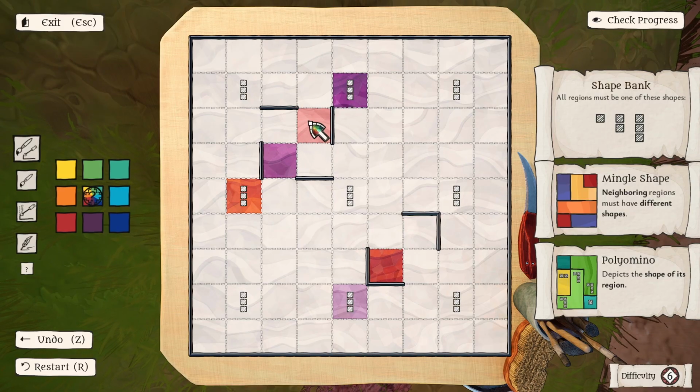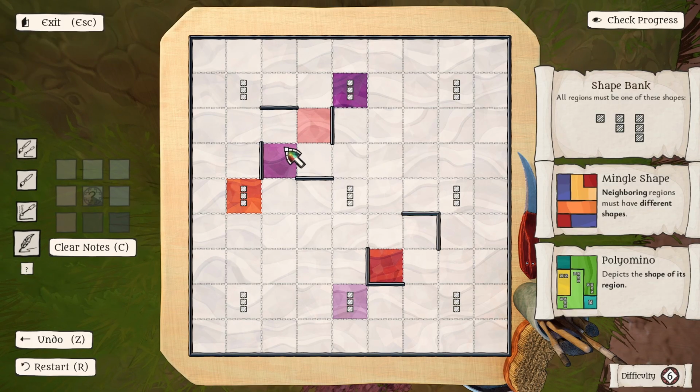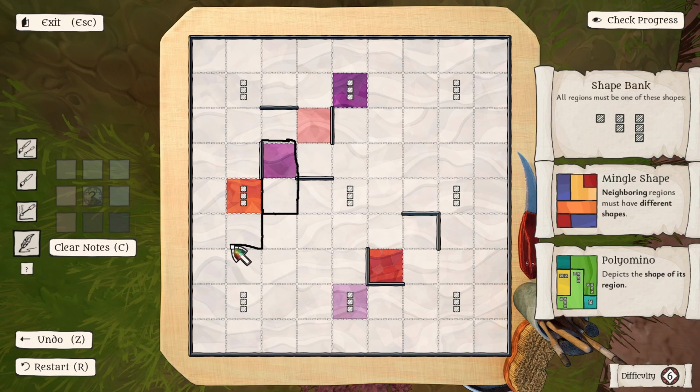So if that's part of a 1 and that's part of a 1, there could be 2s sticking out of both of these. Or this could be a 2. If this is a 2, that would mean that this was doing that.